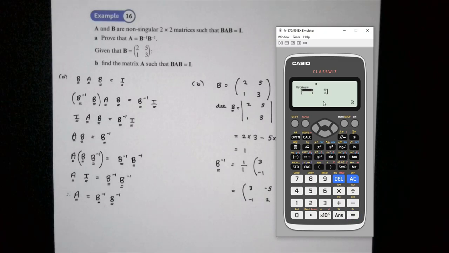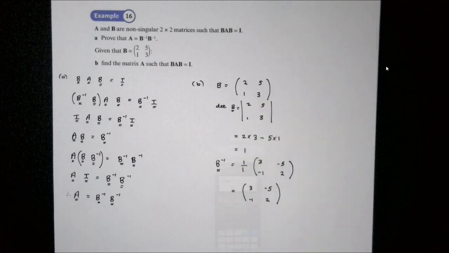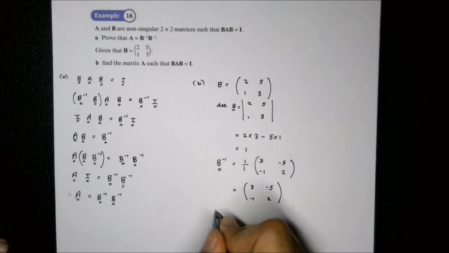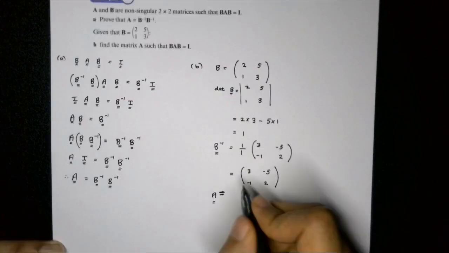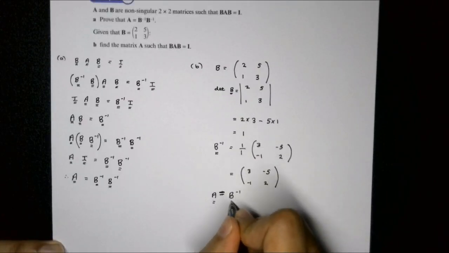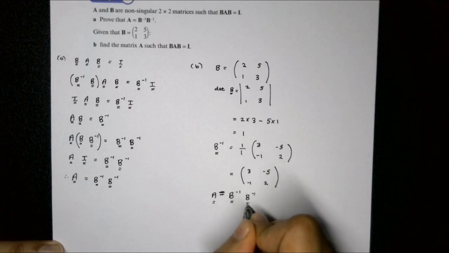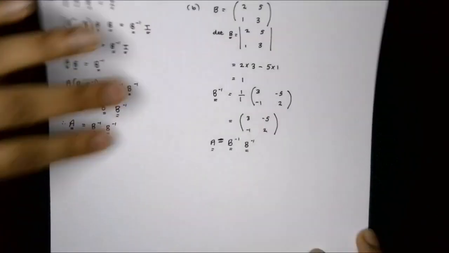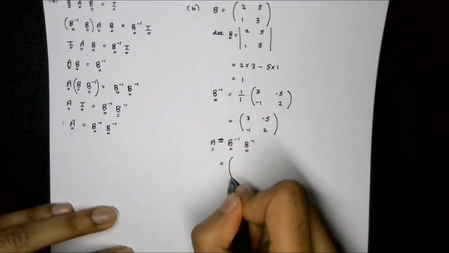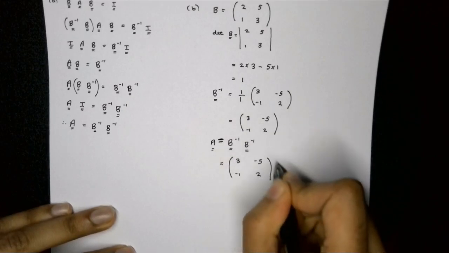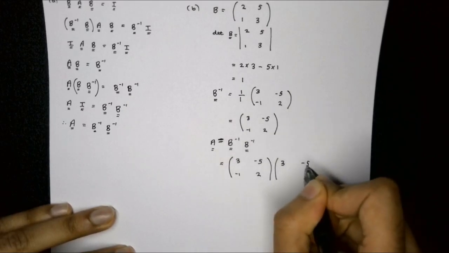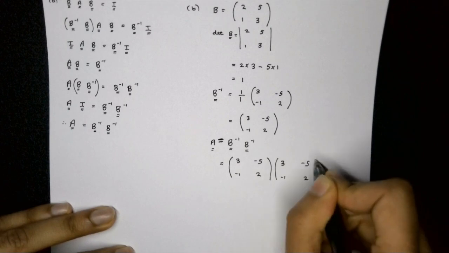Indeed, we get 3, minus 5, minus 1, 2. So now, to find out what A is equal to, inverse B times inverse B, we will multiply over here 3, minus 5, minus 1, 2 by 3, minus 5, minus 1, 2.